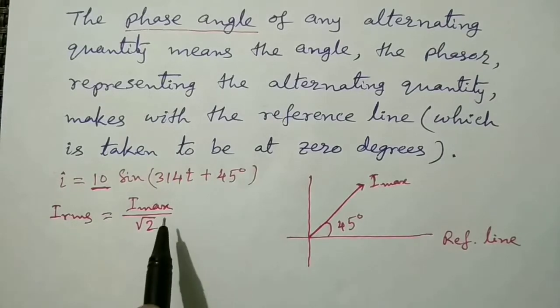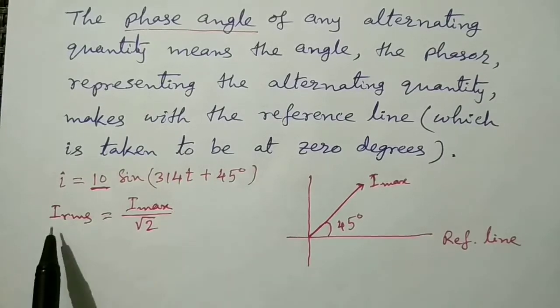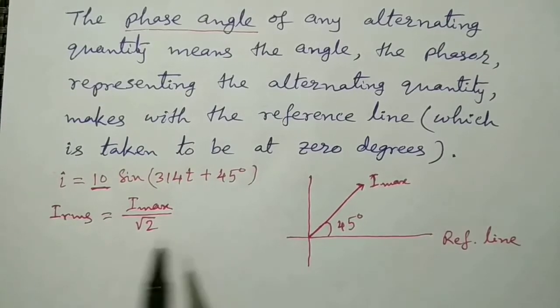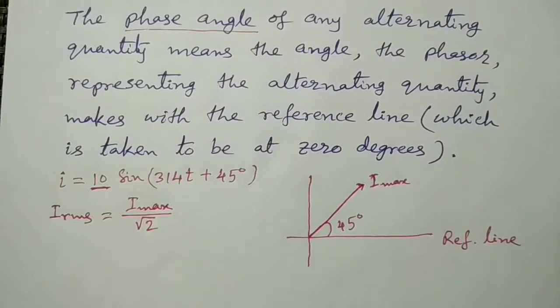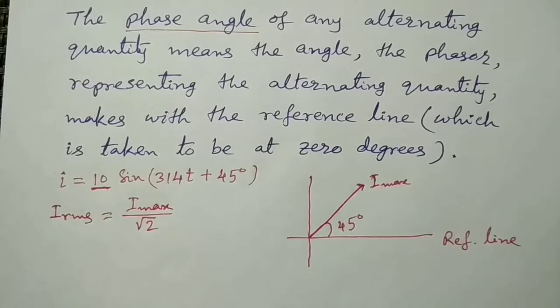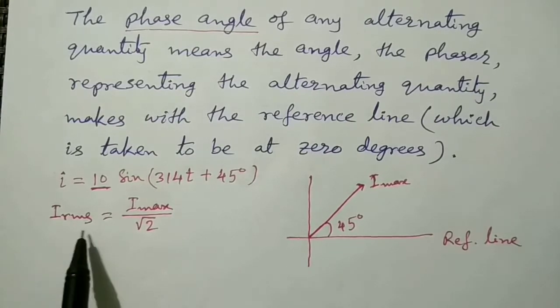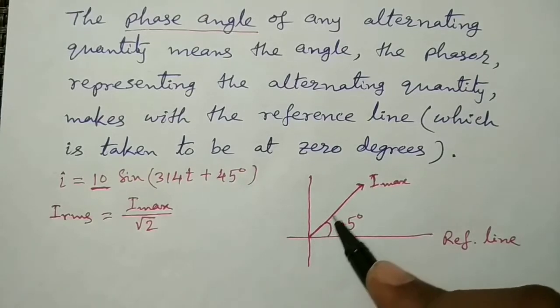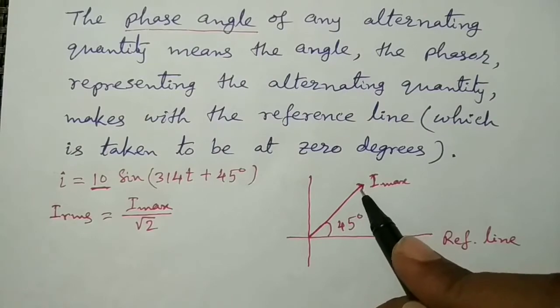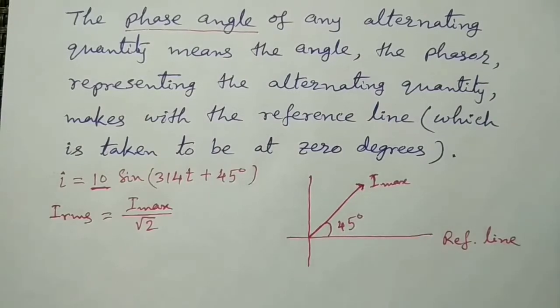And as the maximum value is constant, therefore the RMS value of a sinusoidally varying alternating quantity will also be constant. Therefore, for actual representation of the phasor during circuit analysis, we also consider its RMS value. That means the line may be considered as the RMS value of the alternating quantity.